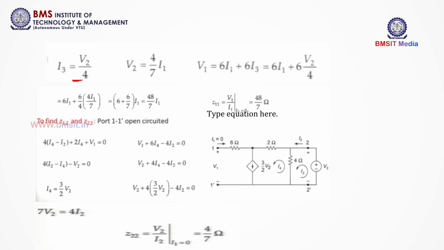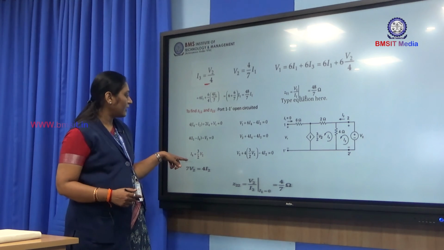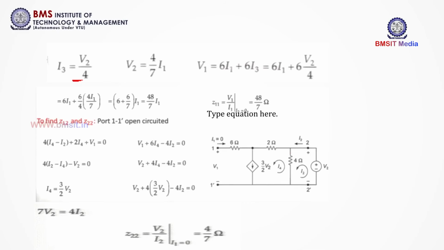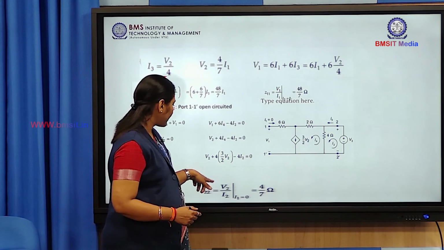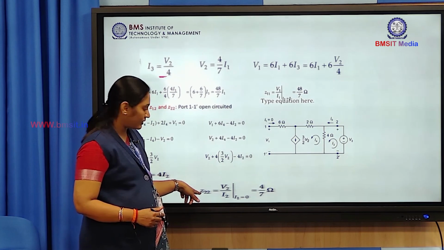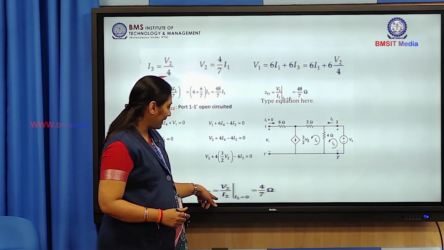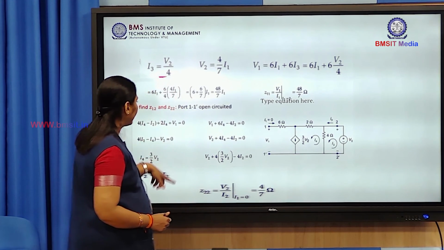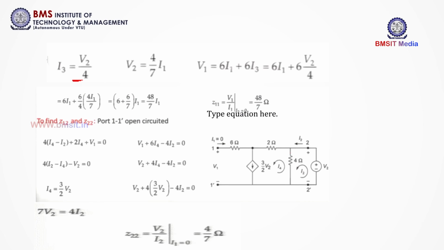By doing this we obtain the equation for I4, that is I4 equal to 3 by 2 V2, as well as the expression for Z22, which is equal to V2 by I2. We know V2 by I2 as 4 by 7 ohms, so we substituted here and got the values.